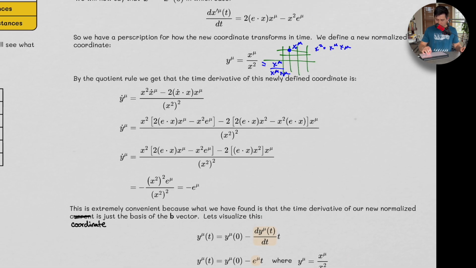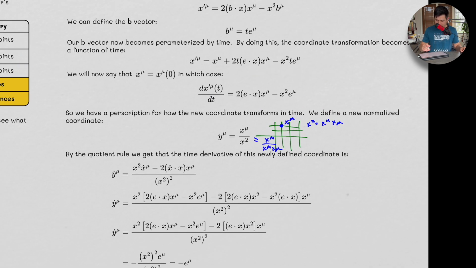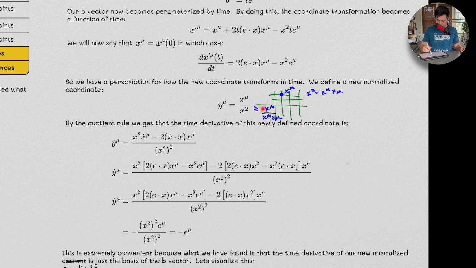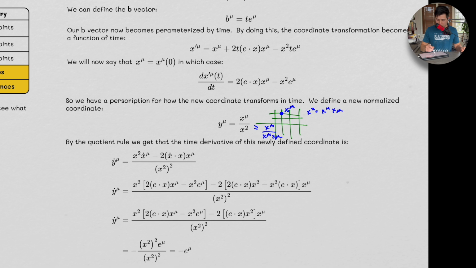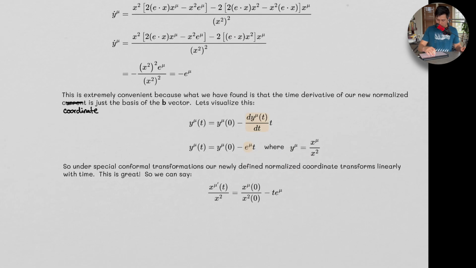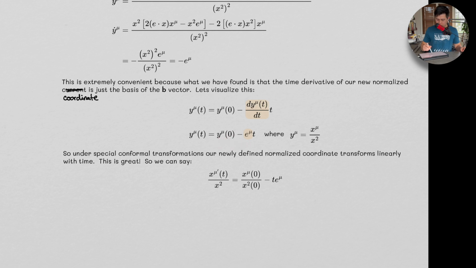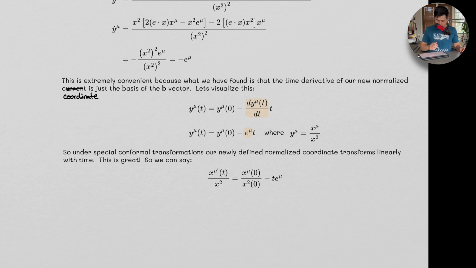Okay, so this is extremely convenient. This is going to tell us that under a special conformal transformation, this thing just gets transformed linearly with time, okay? So under our special conformal transformation, our newly defined normalized coordinate transforms linearly with time, which is what I just said. This is great, so we can say this now.